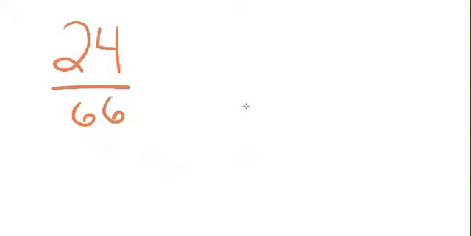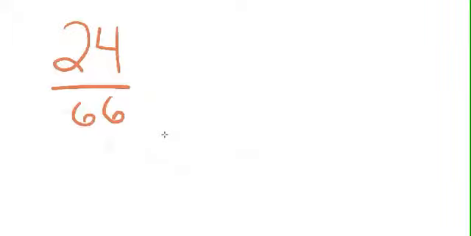Now you're going to ask this one question over and over again until the answer is no. The question you ask, is there anything that goes into the top number that also goes into the bottom number? It's going to be very helpful here if you know all your division rules. For example, even numbers are always divisible by 2, or if you add up the digits and divide by 3, then the whole number is divided by 3. But that might be another video.